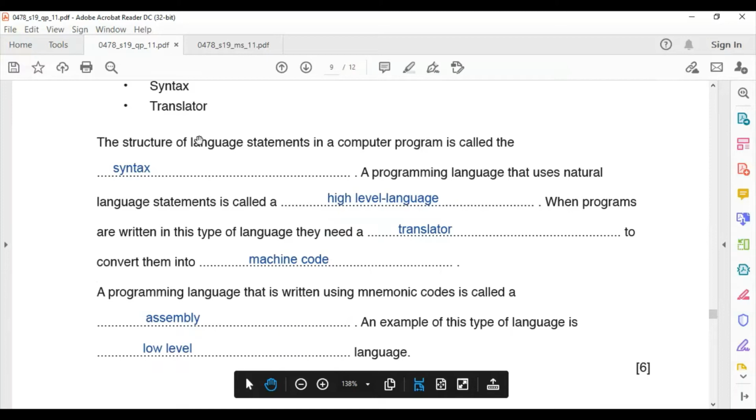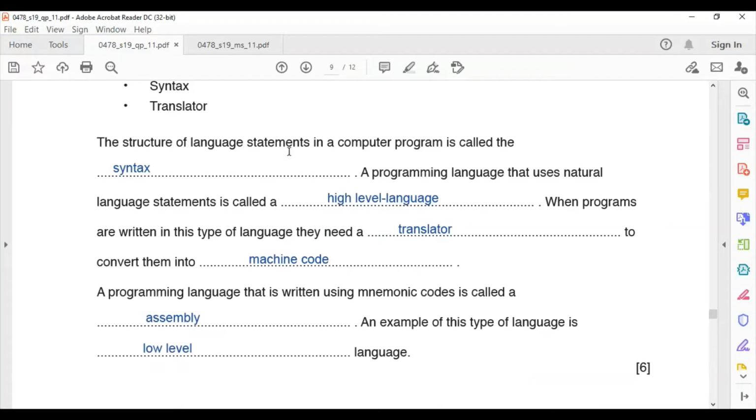So the structure of language statements in a computer program is called the syntax. A programming language that uses natural language statements is called a high-level language. By natural language statements, they mean English-like or near human statements.